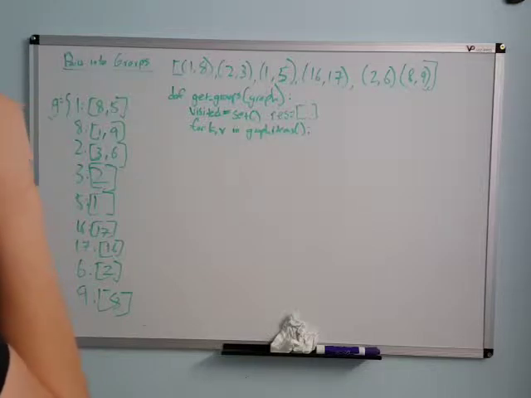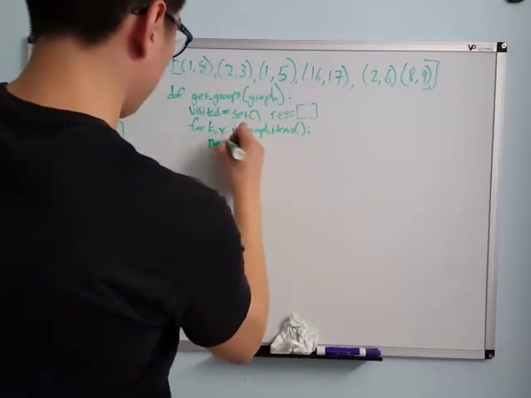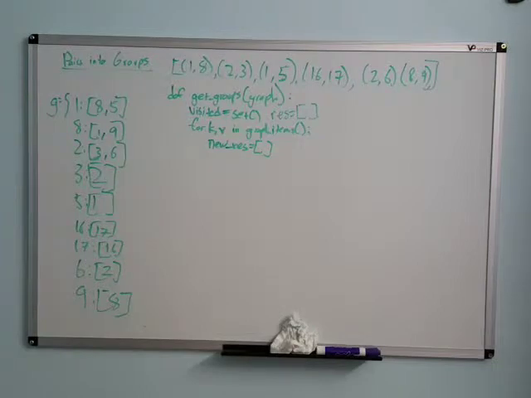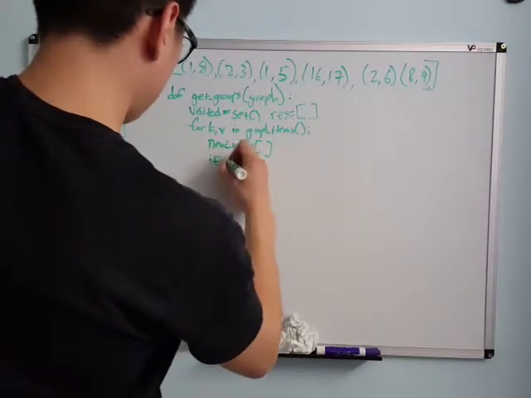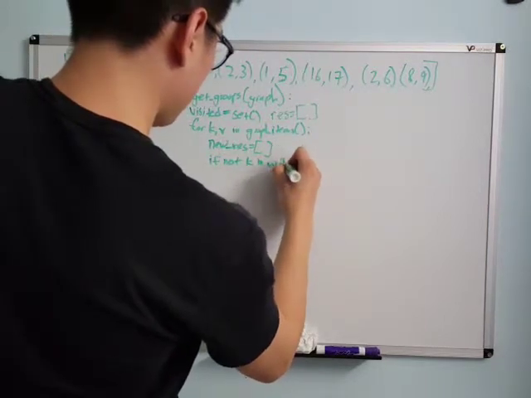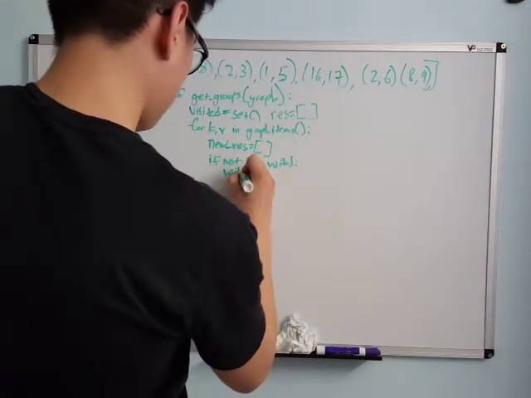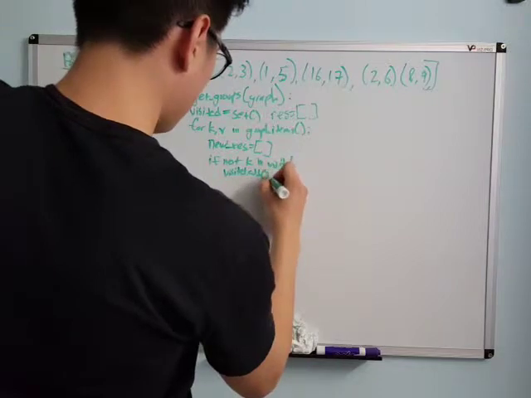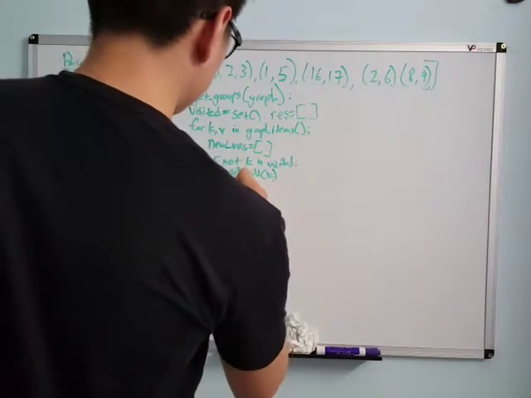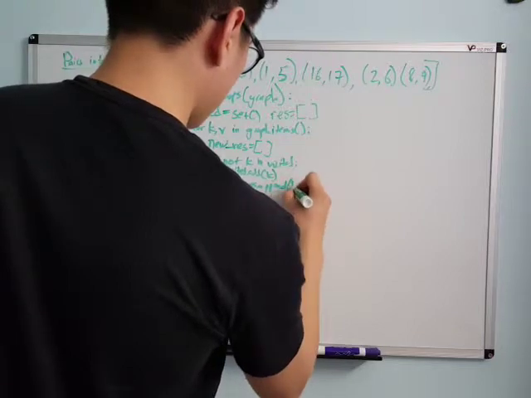For each one, we have to populate it with something, so we have to create something that we're going to put it into, right? So the new res is equal to this first. And we'll say if the key is not visited, we need to add into the visited, add k, and then we also should put it into our new res, res.append(k).